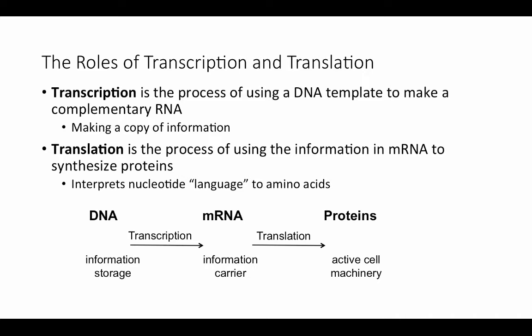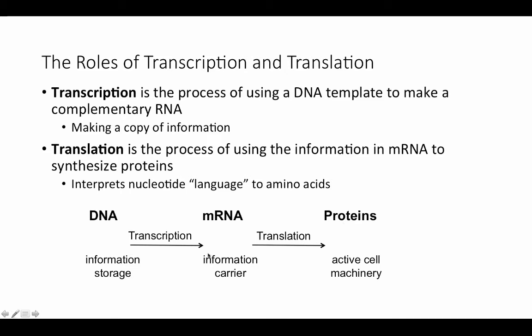So DNA goes to mRNA through the process of transcription. DNA is the information storage. Transcription takes this information to the information carrier, which is the mRNA. The mRNA is converted to proteins through the process of translation, translating the language of the DNA code, or the nucleic acid code, the sequence of nucleotides, into the language of a sequence of amino acids.